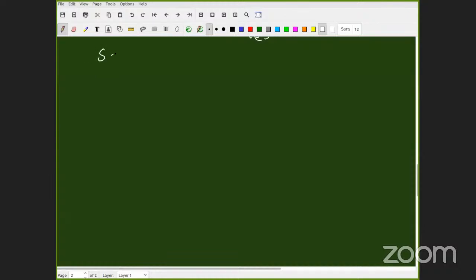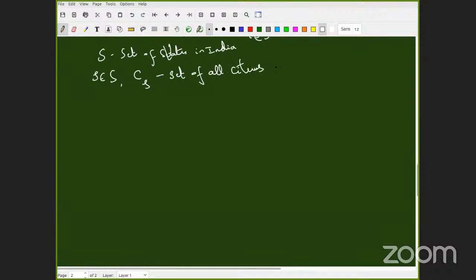S is the set of states of India. For each s in S, we had C_s. What is C_s? Set of all cities in state s, small s.